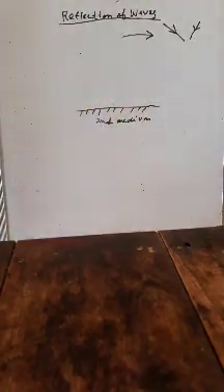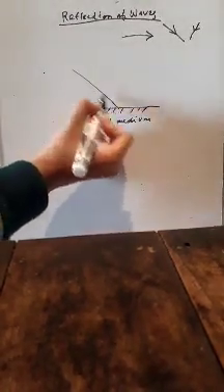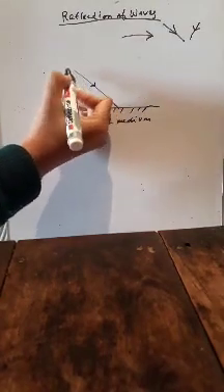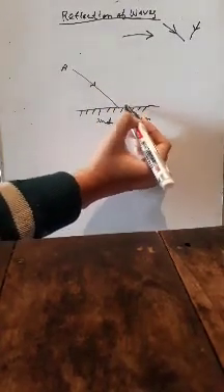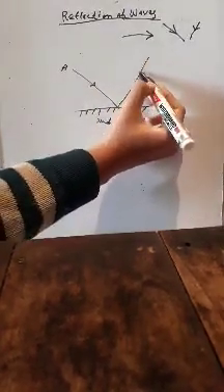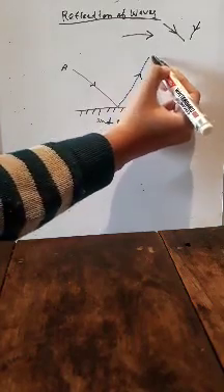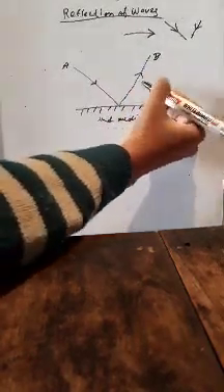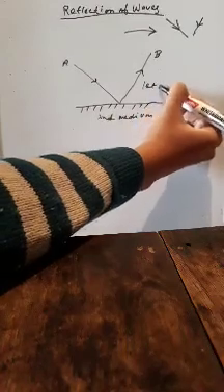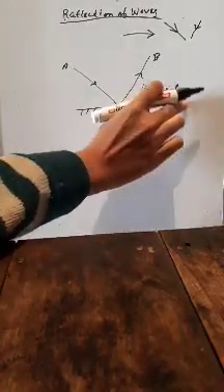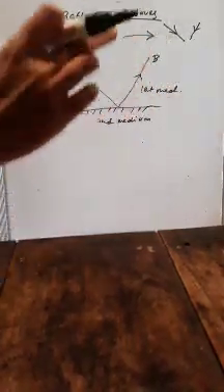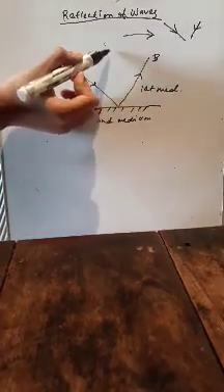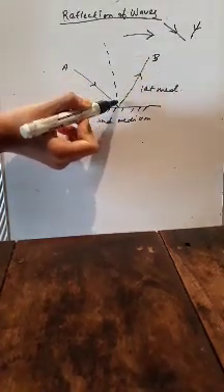Just imagine from this part a wave is being incident. This is A, and after getting reflected, it is moving here. This is your ray B. This is your first medium. I'm writing medium in short as med. here, but in the exam you will write the full word medium.